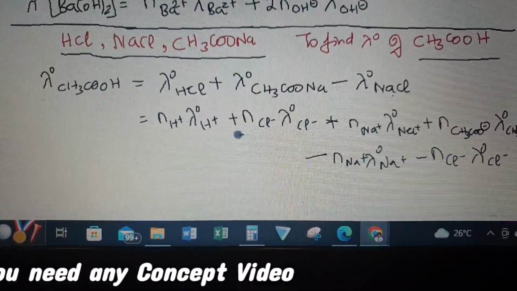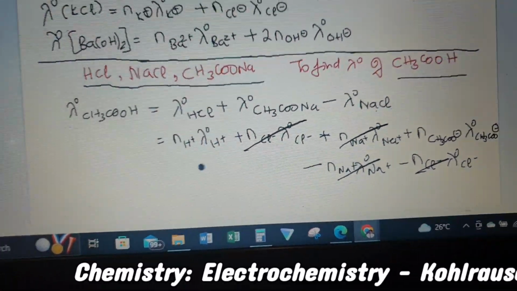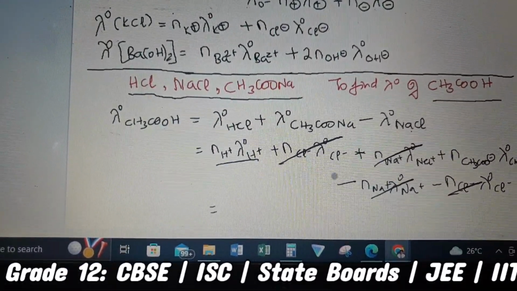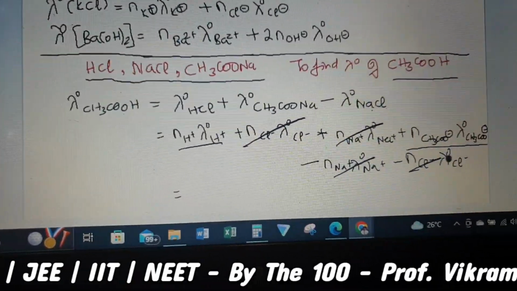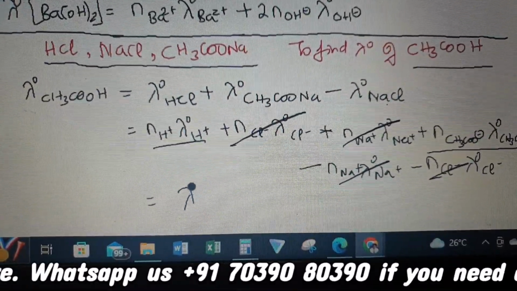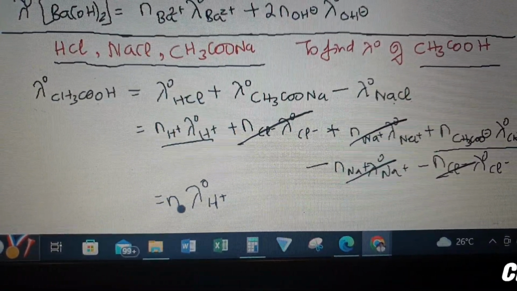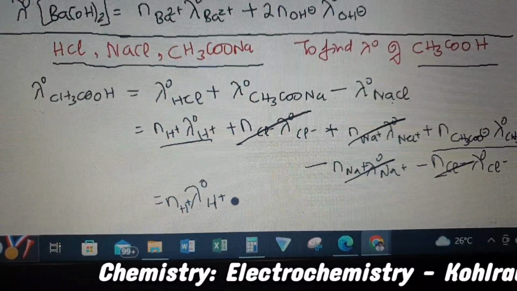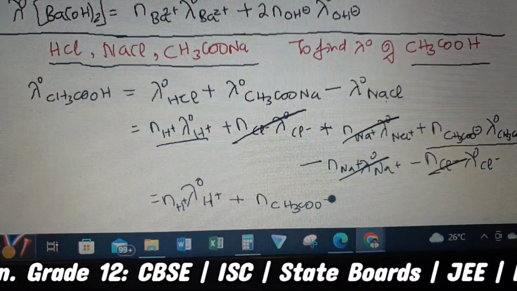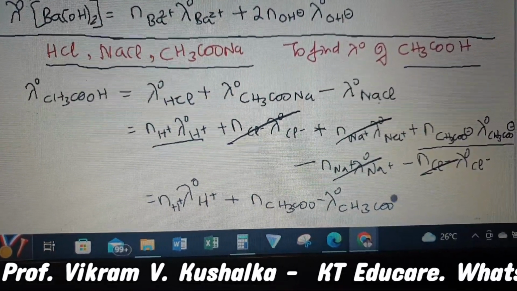And now here you can see this molar conductivity of Cl and Cl would get cancelled, molar conductivity of Na and Na would get cancelled, and you will be left out with only molar conductivity of hydrogen ion and here molar conductivity of acetate ion in this case, and that will give you together the lambda naught of H positive into N of H positive plus N of CH3COO negative into lambda naught of CH3COO negative.